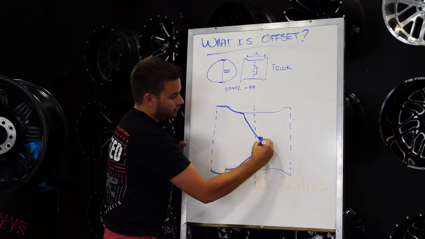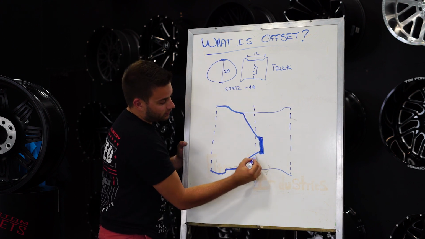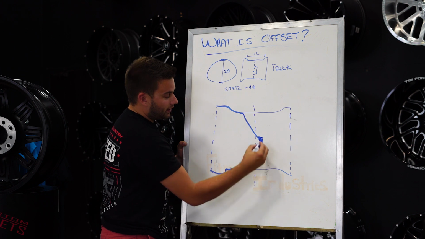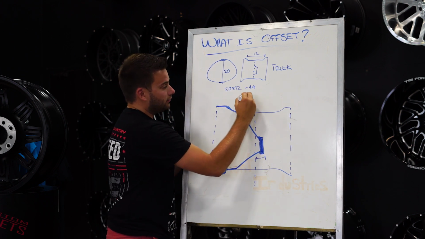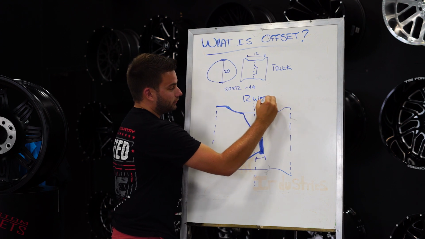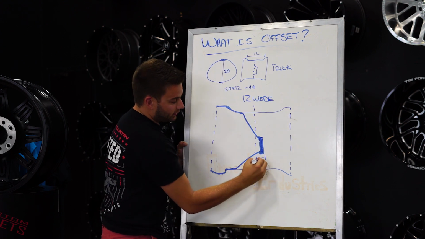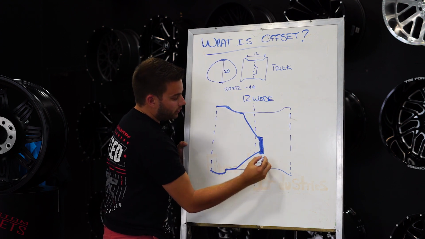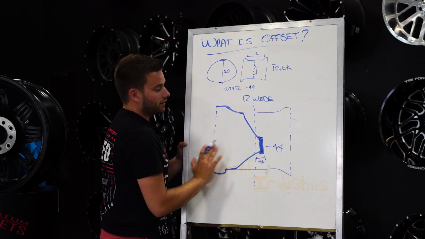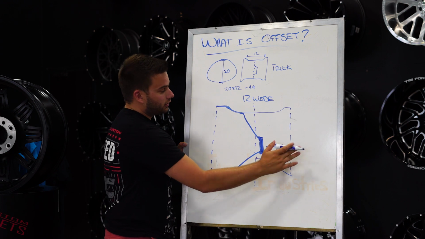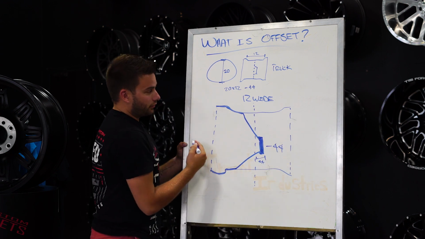Again, that's where your wheel mounts to the hub of your vehicle. So now you can see that it's so much further back, and this is where you would see, if this was a 12 wide, this distance is 44 millimeters, so it's a negative 44 offset because that pad is pushed further in towards the vehicle, which in turn pushes the wheel further out.